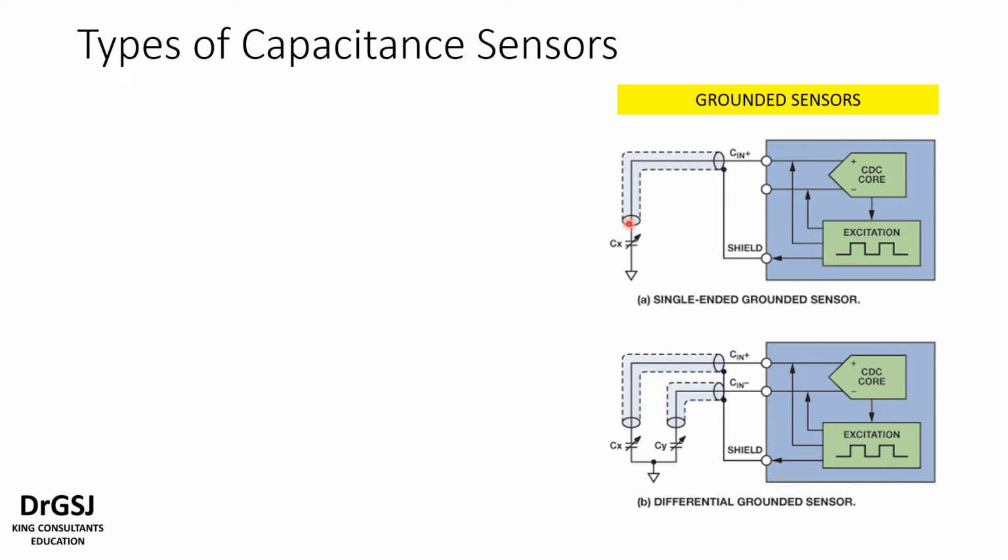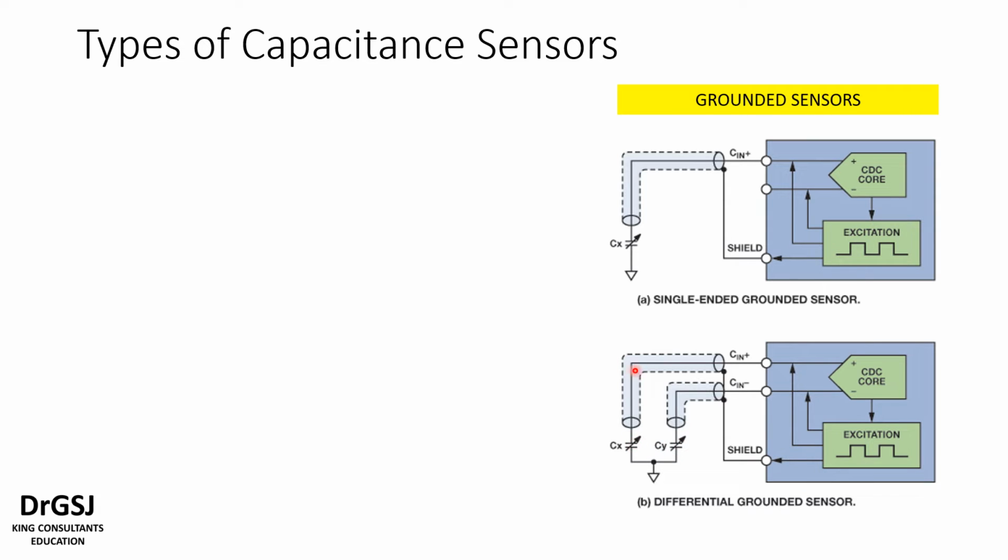Each capacitance sensor is protected with a shield, and the reason for having this shield is to ensure that no charge or coupling capacitance gets involved into the actual system. Right? In a differential grounded sensor, you will have two capacitance sensors present, Cx and Cy, both of which can vary depending upon the input.